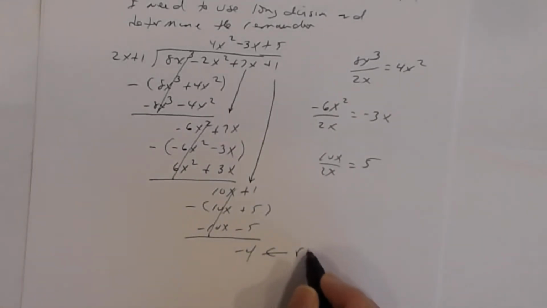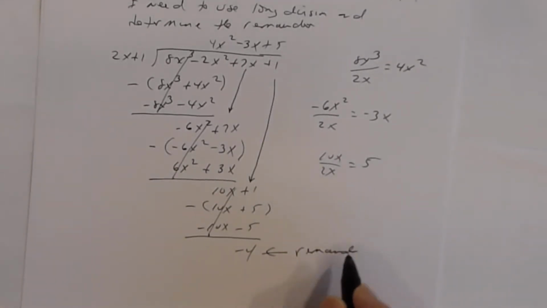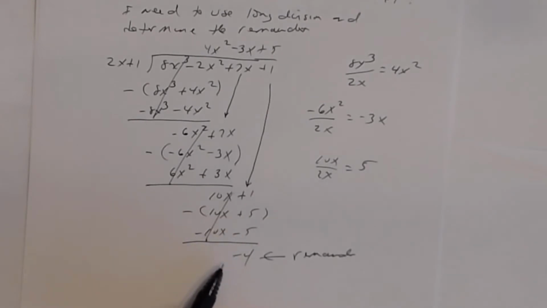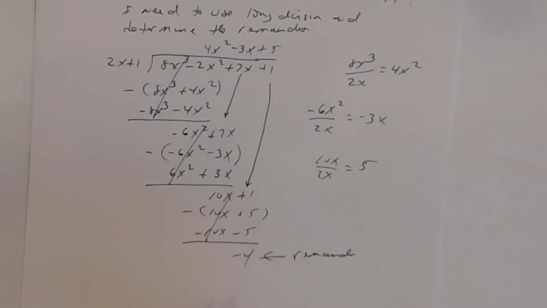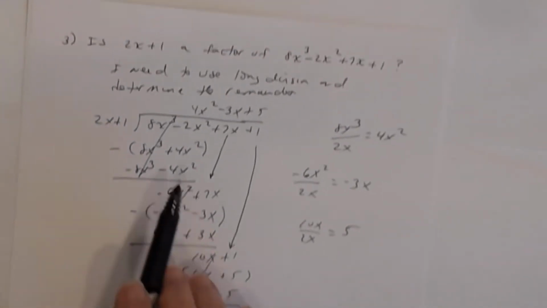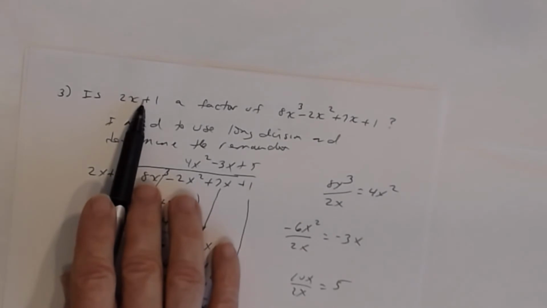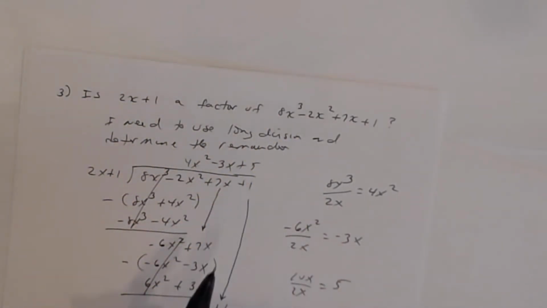That's your remainder. You cannot divide any further because the degree of a constant, and that's one of the things you learned in those lessons last week, is 0. 0 is less than 1. Okay, so since the remainder is not 0, what does that mean? That means that this is not a factor of this.